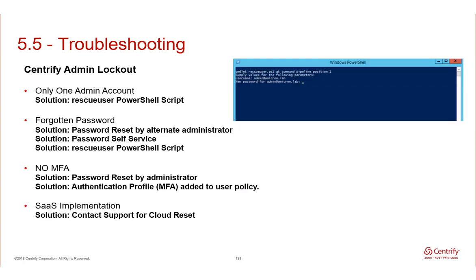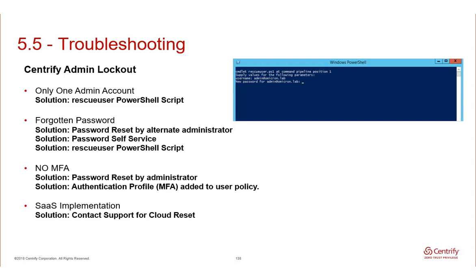Now, when a Centrify administrator has been locked out, there are a number of different elements here. Some require more support than others. In the case where there's only one administrative account, you'll need to use the Rescue User PowerShell script. And now this only applies to a customer managed or on-prem installation of the identity platform.